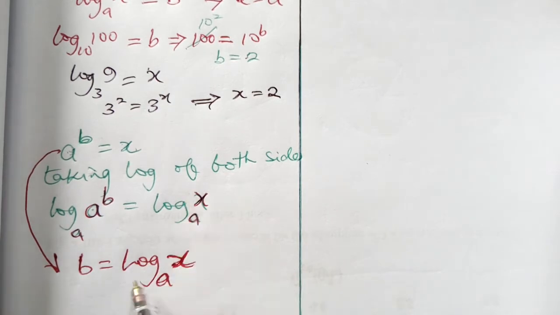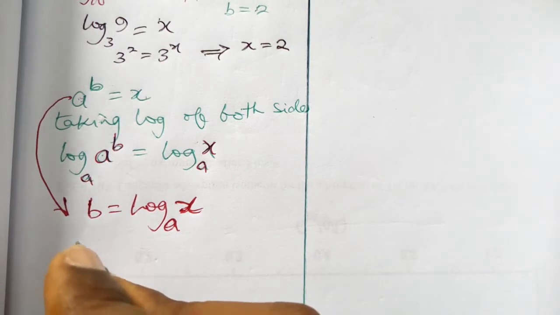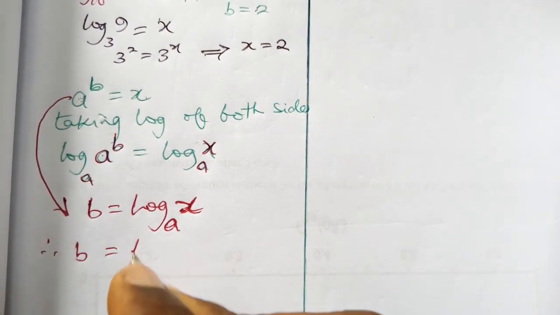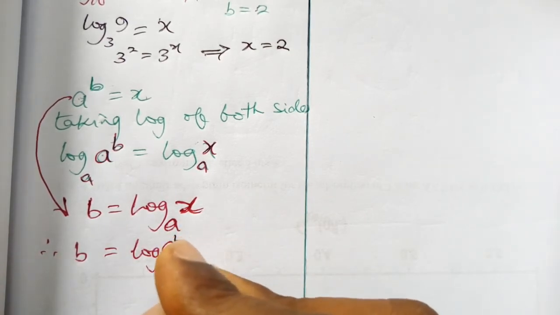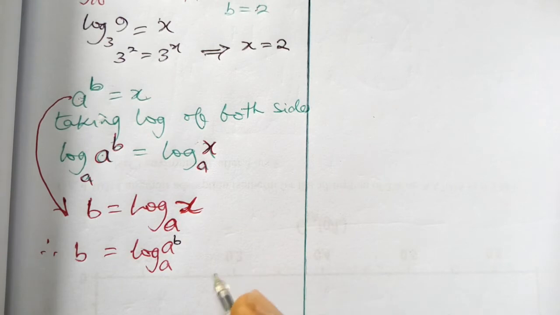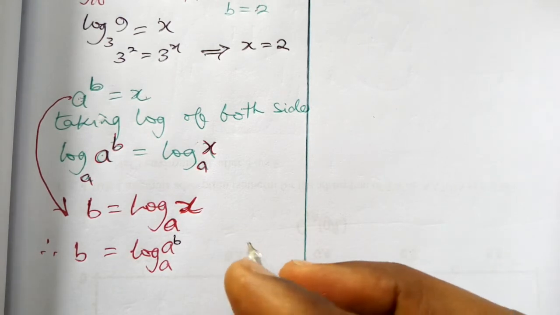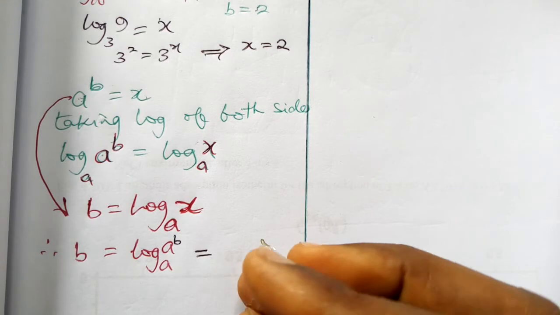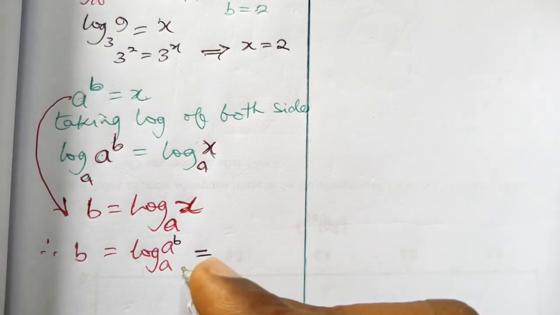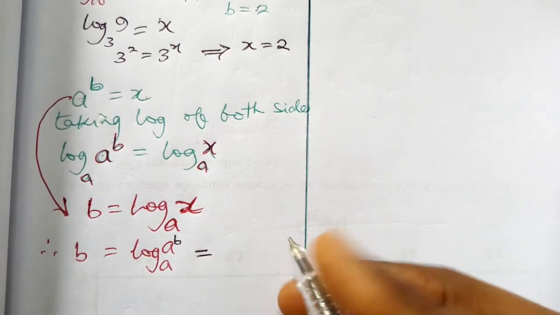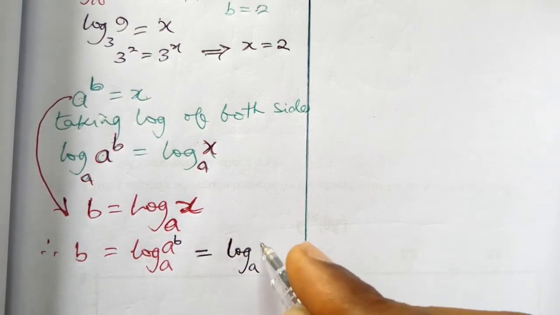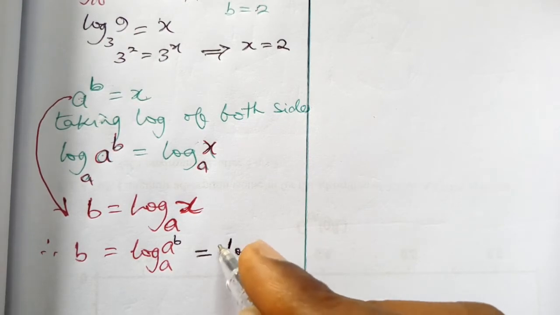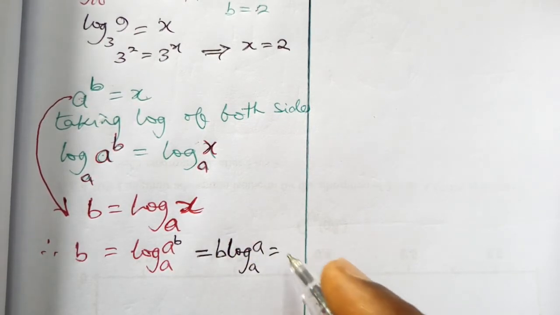So you now see that from these two, for them to be equal, our b must be equal to log_a of a raised to power b, and we will find that log_a a is equal to 1, so that we have b.